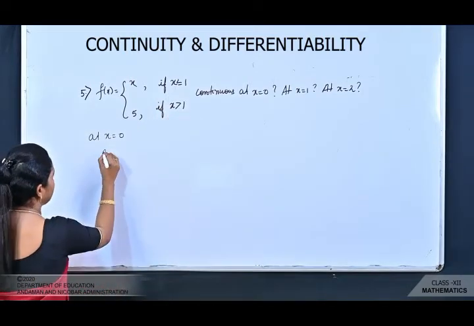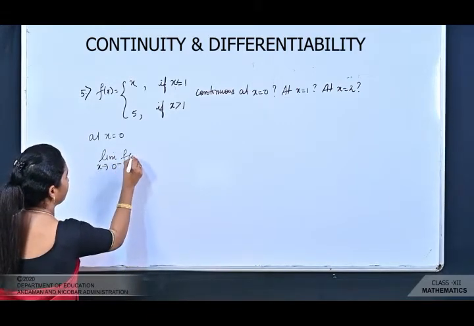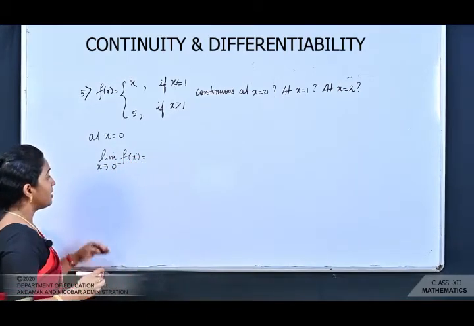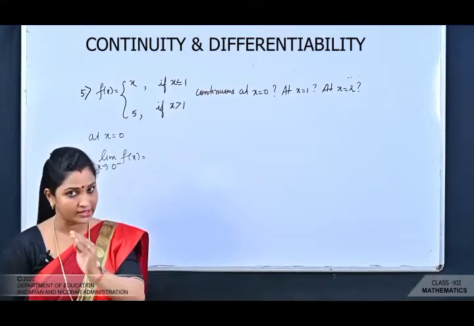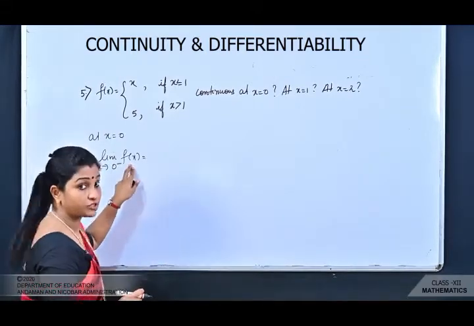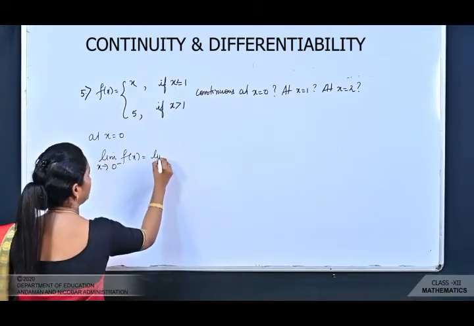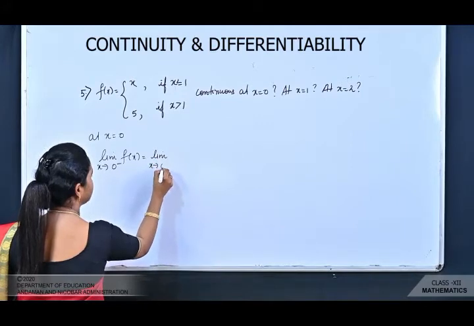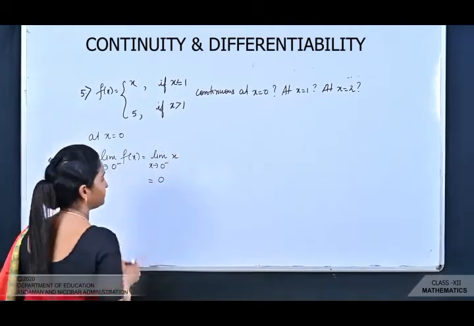So first we will see limit x tends to 0 minus f(x) will be what? That means when x is approaching from the left towards 0, the value of the function will be definitely x. So you can write down limit x tends to 0 minus f(x) is x, and the answer is 0.